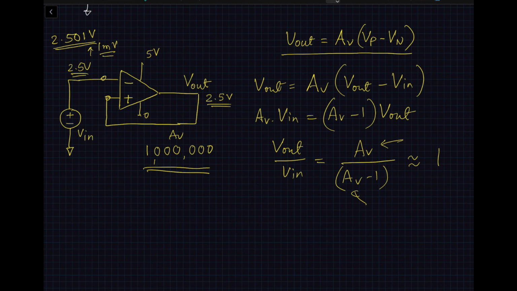Think about it. I am taking the negative terminal of the operational amplifier and taking it positive compared to the non-inverting terminal. So suddenly my difference between the two is only 1 millivolt, and it's going to get amplified by the gain of the amplifier. What do we see at the output? Which way will the output voltage go? That's something I would like you to think about.